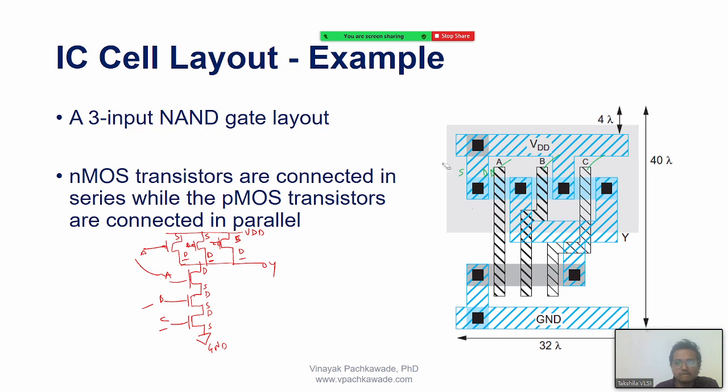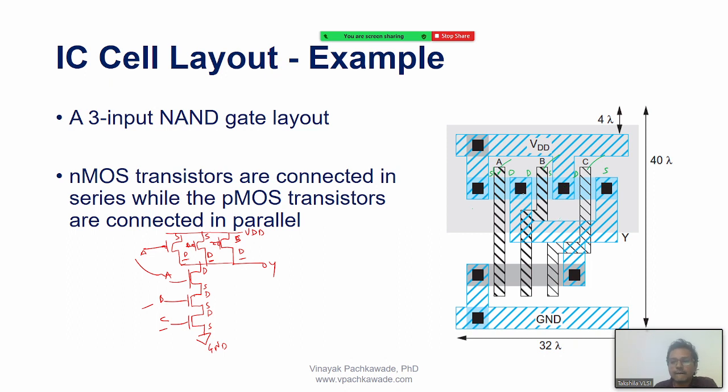No, sir, after poly drain will come. Yeah, after poly drain will come, that's correct. So for the first poly, this is source, and then let's say this is the drain, then this is drain, this is source, and this is again drain and this is source.